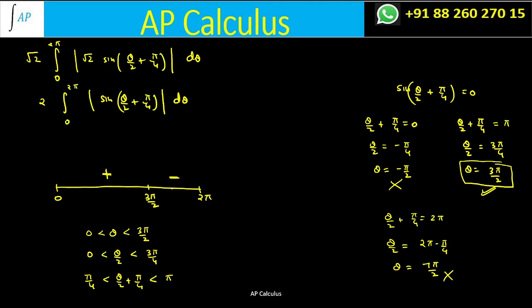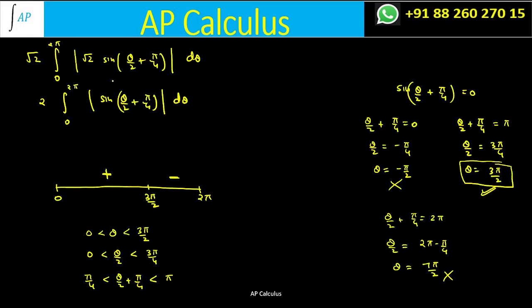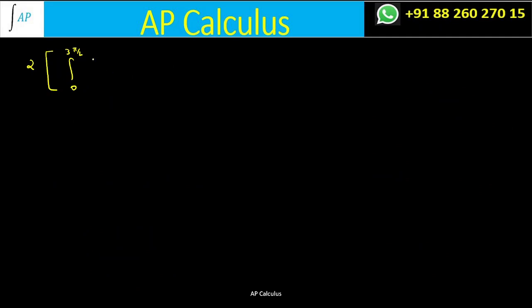So now we will break it. How can we break it? From 0 to 3 pi by 2, the integral will be sine of theta by 2 plus pi by 4, modulus of sine of theta by 2 plus pi by 4 d theta, and then 3 pi by 2 to 2 pi.